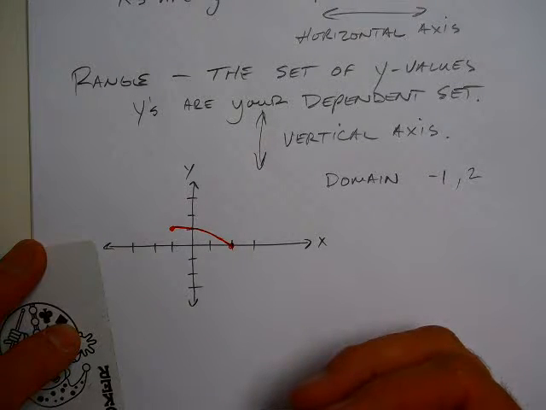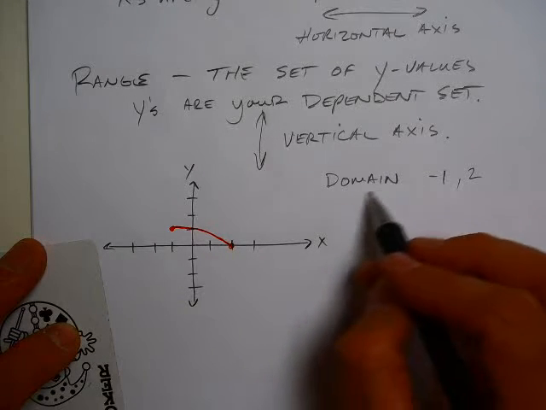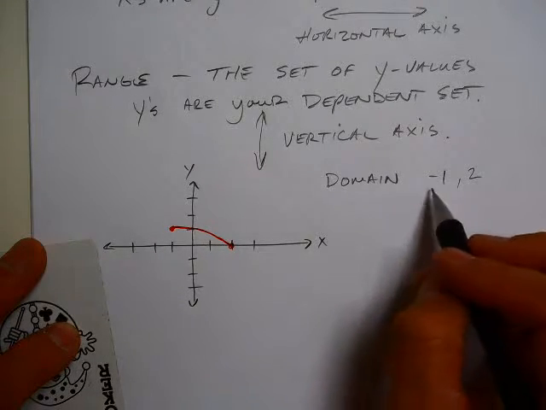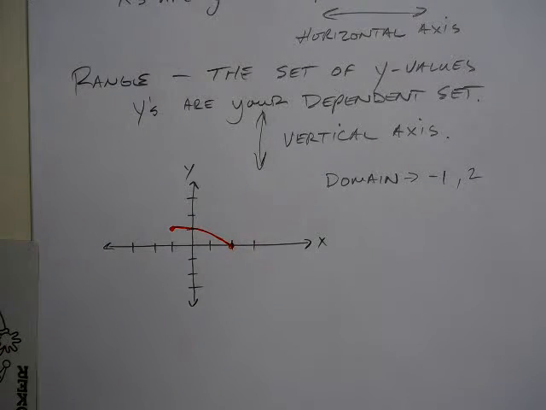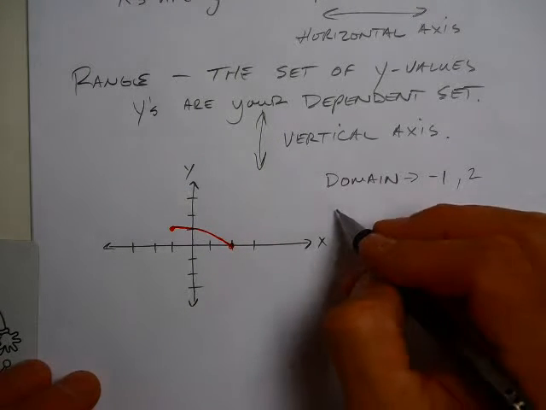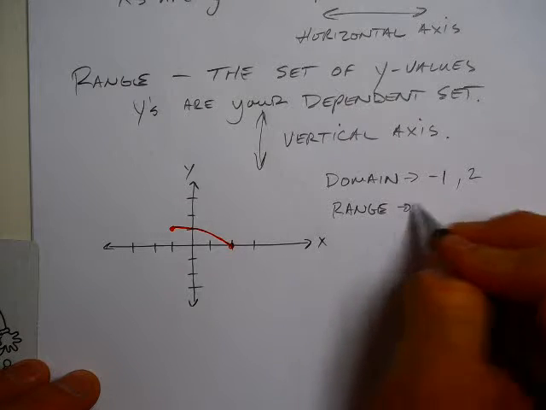Now, we're going to talk about some notation on this, but another day. So the domain is from -1 to 2. That's not entirely the best way to write that, but we'll deal with that another day. How about the range? The range is the up and down.